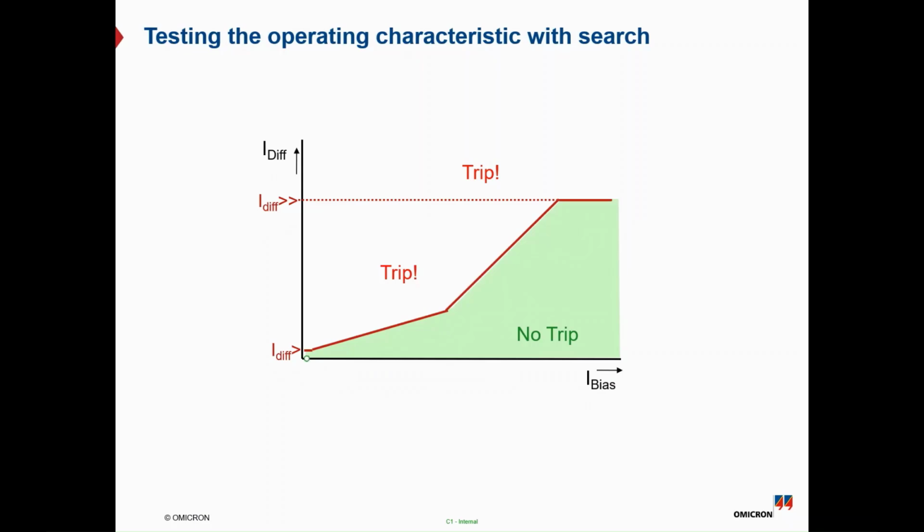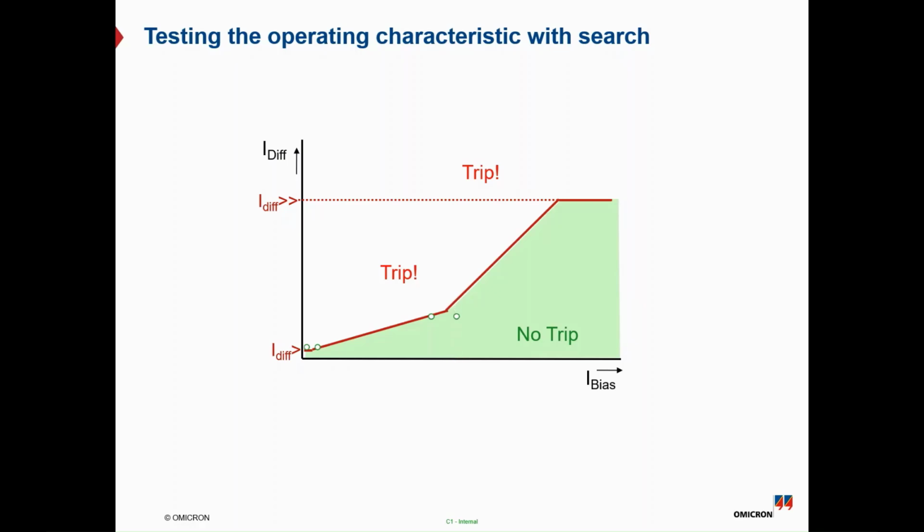And you can see how it works in this. It will define the nearest point of the differential, which will be suitable inside the tolerance band of the protection relay.